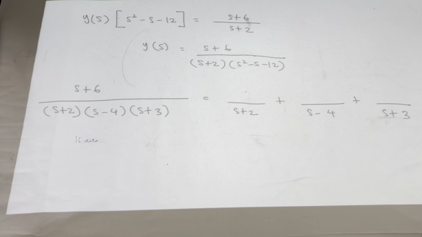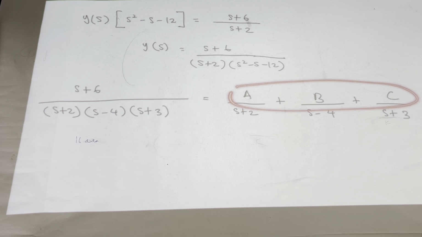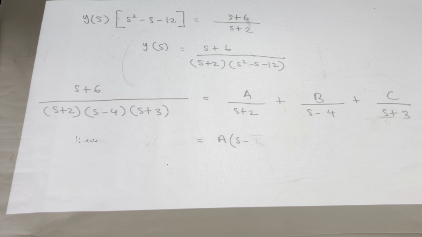Alright, so you cross multiply. How do we simplify the numerator part? Okay, so you look at A. The denominator is s plus 2, so you multiply with s minus 4, s plus 3. So A you multiply with s minus 4 and s plus 3.